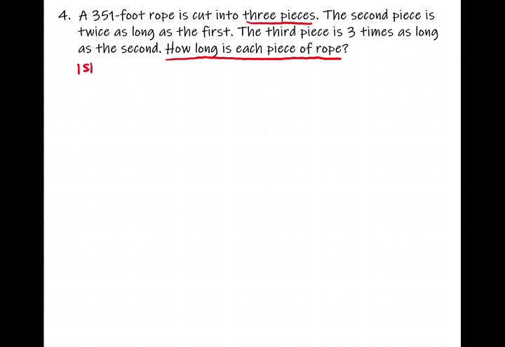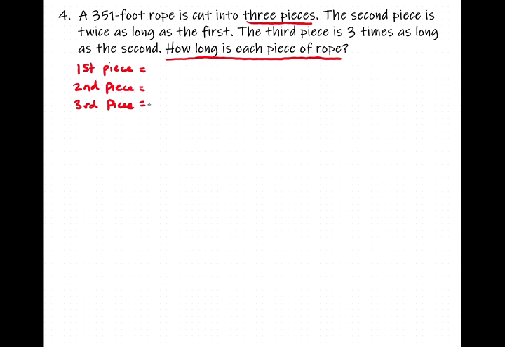So we could say the first piece, the second piece, and the third piece. Okay, so we need to give each of these a symbol. Now the symbol doesn't have to be just a single letter or single variable, but we should start with choosing one of these to call X.